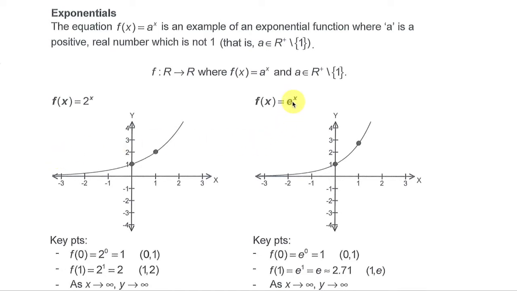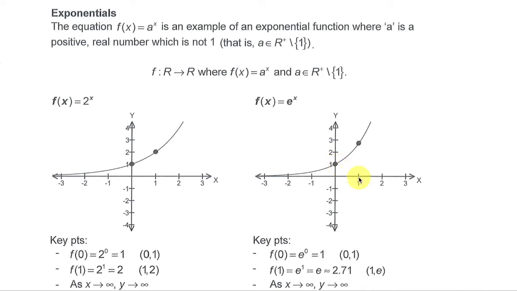Here we have f(x) equaling e to the x, where e is Euler's number, and it's approximately equal to 2.71. Same shape, but what's interesting here, again, is that if x is equal to 0, it will be e to the power of 0, which is just 1, so it comes through the position (0, 1).